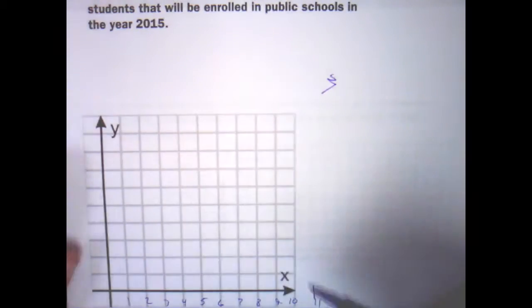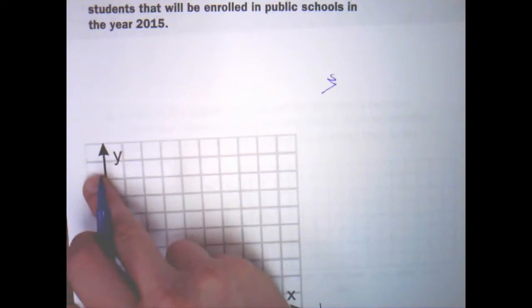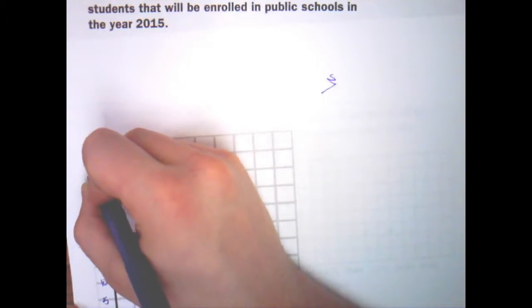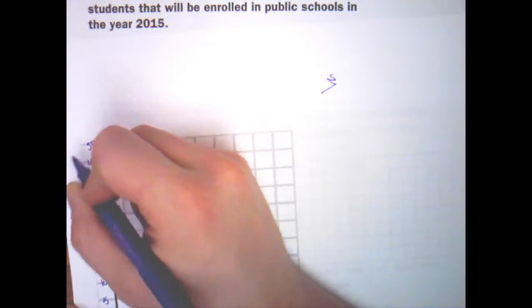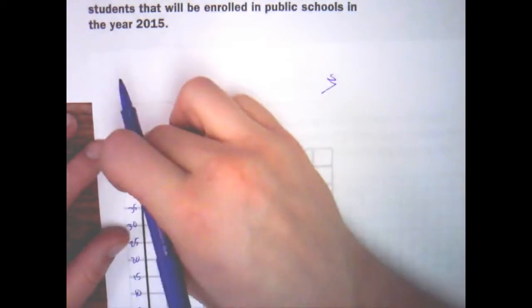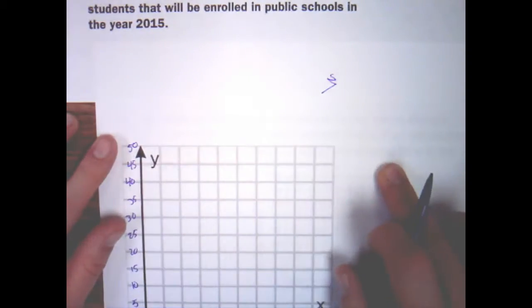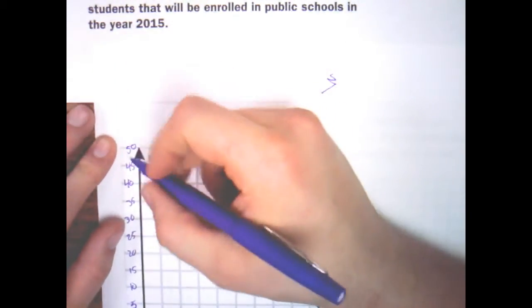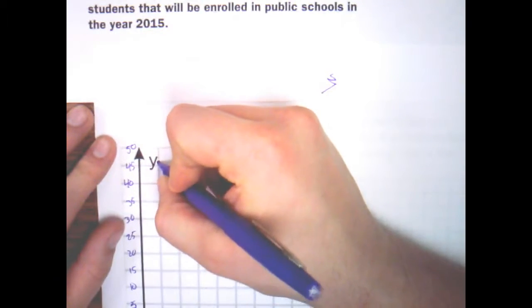So maybe we try to go by fives. So 5, 10, 15, 20, 25, 30, 35, 40, 45, and 50. So all of our data is really going to be right up here at the top. Okay, so in year 1 we're at 46.9, which is just over 45.